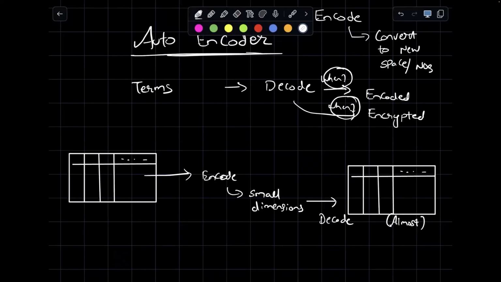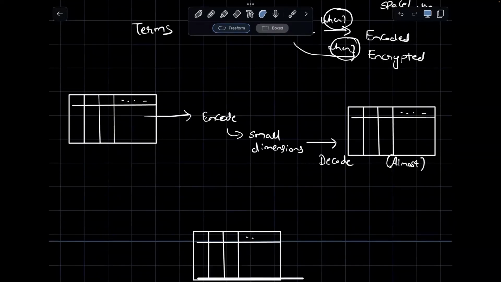Almost, I would say, because you would not always get the original data exactly. So this one would be in smaller dimensions.